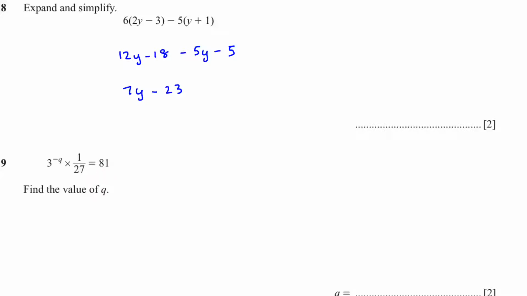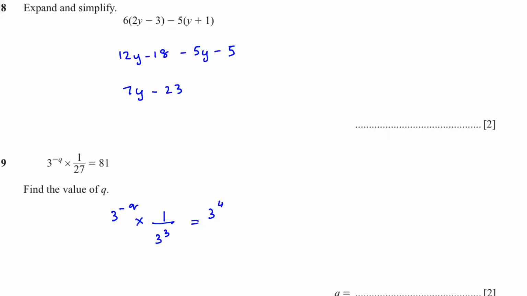So I can write 3 to the power of negative q multiplied by 1 over 27, which is 3 to the power of negative 3, equal to 81, which is 3 to the power of 4. You can check in the calculator and you will get the answers.